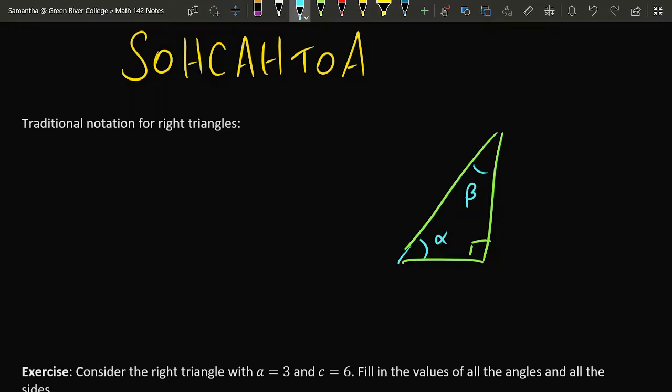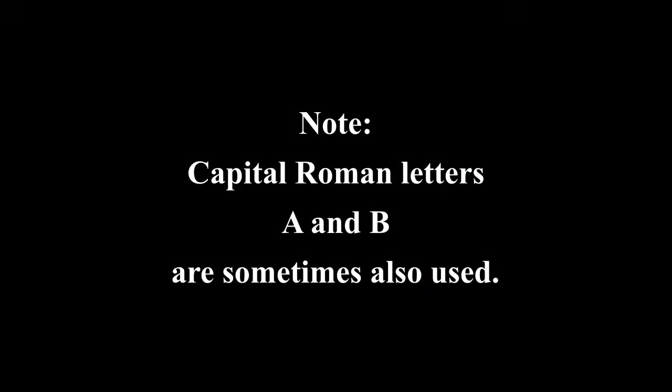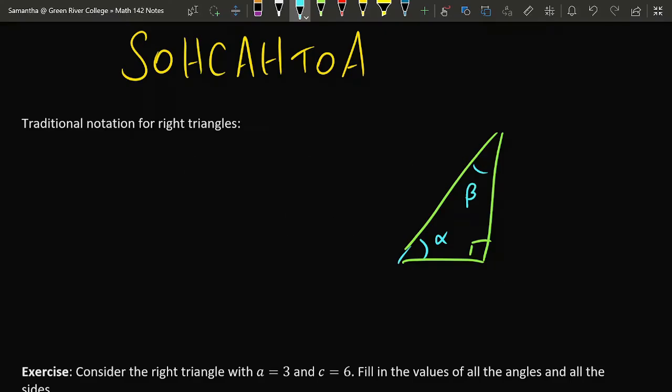These are Greek for the letters A and B, respectively. It's traditional to denote the side length that is opposite angle alpha by the Roman letter A. And it's traditional to represent the length of the side opposite of the angle marked by beta with the Roman letter B. And the hypotenuse traditionally is called C.